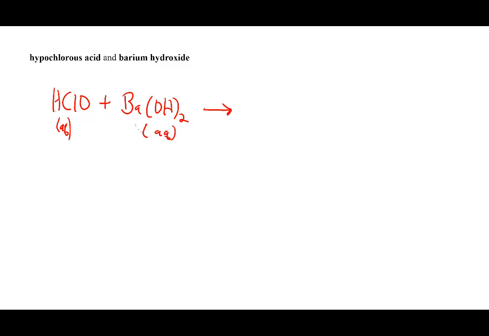Now, barium hydroxide is a base. Hypochlorous acid is an acid. So these hydrogens are going to end up with the hydroxides to make waters. And the hypochlorite ion is going to end up with the barium. So we're going to make barium hypochlorite.